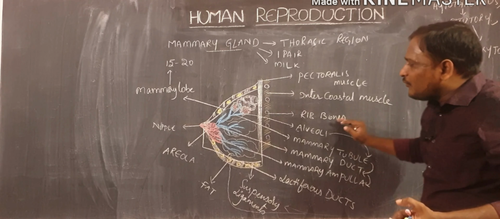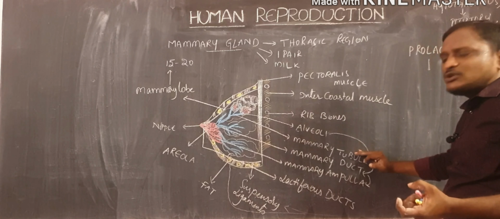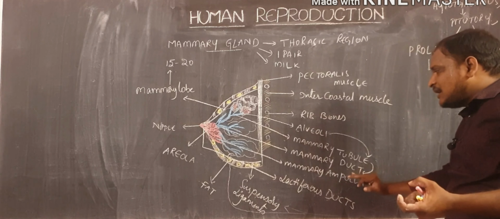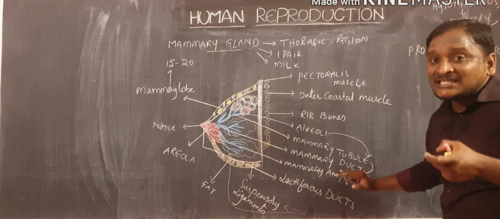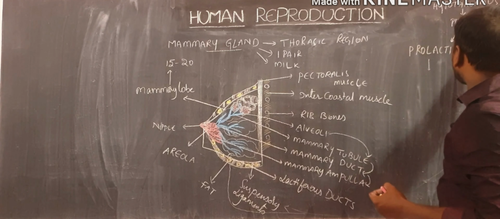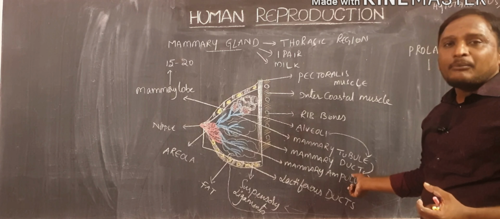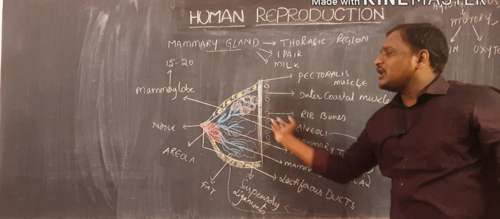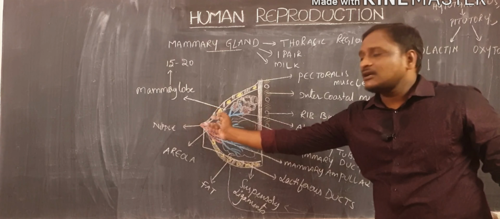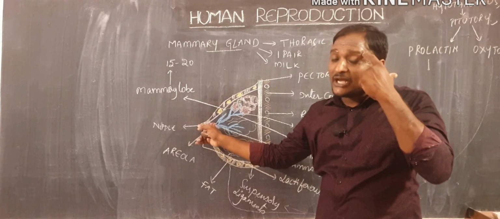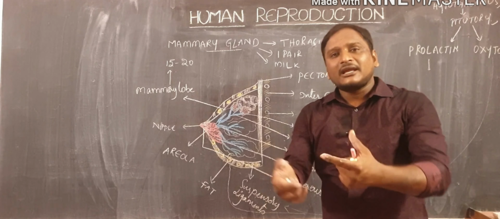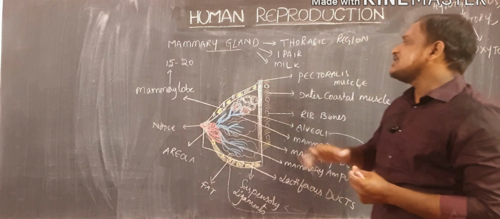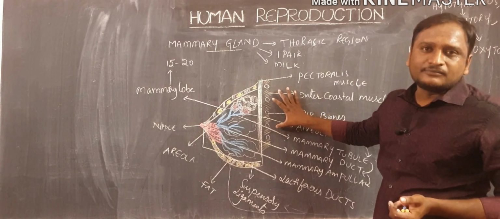That milk travels into the mammary tubules, mammary ducts and mammary ampulla. When it reaches the mammary ampulla, oxytocin stimulates the ampulla to release the milk to the outside. So that milk is released outside through the lactiferous duct, and the mother feeds the young one. Likewise, this mammary gland will work.